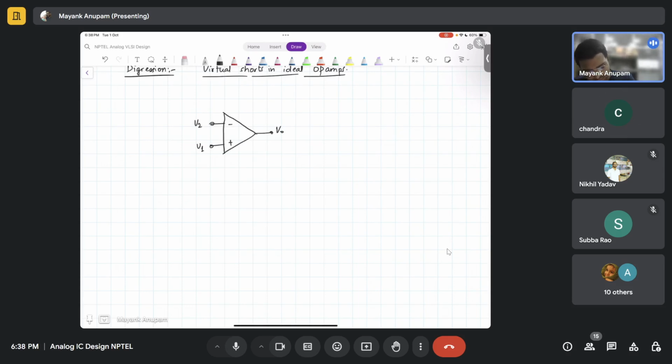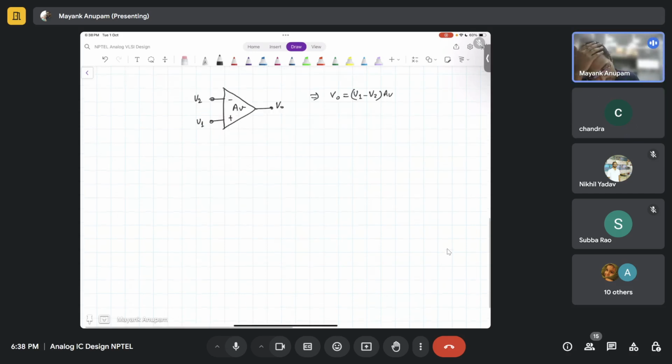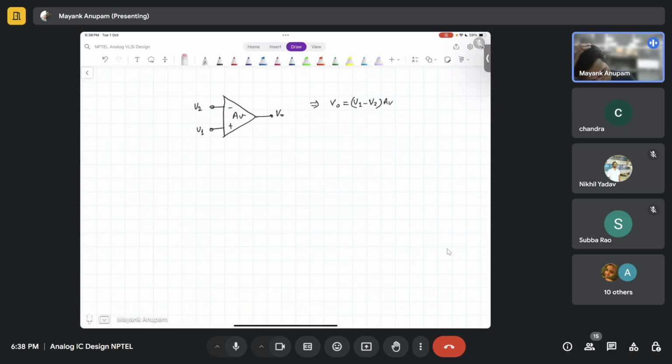Let's say this is not an ideal op amp, this is some op amp with gain AV. Okay, so what is going to be V0? V0 is going to be V1 minus V2 times AV.